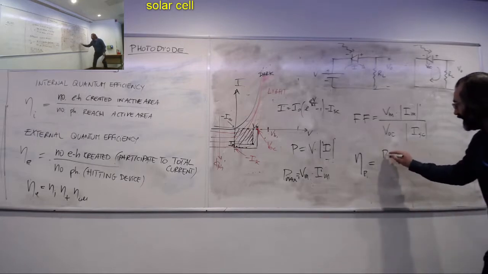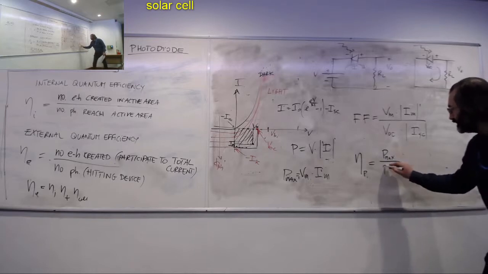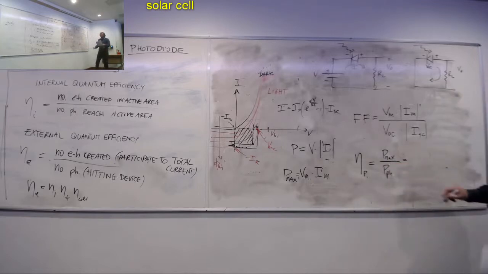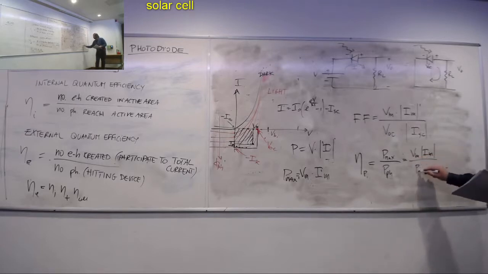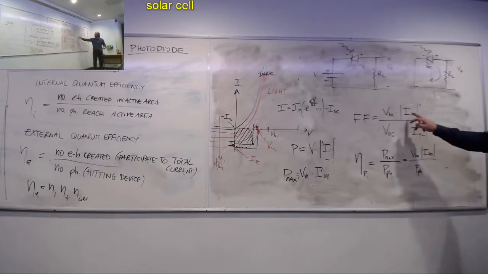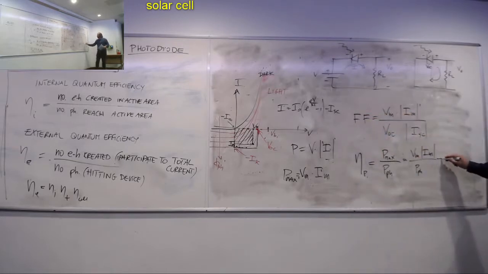So it's the power maximum, divided by the photon power, and so it is VM IM divided by the incident power, which, if you like, you can use this formula as well to put it in terms of FF, the fill factor. So this will be FF times VOC, ISC over the incident power.